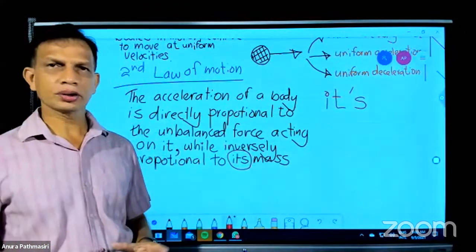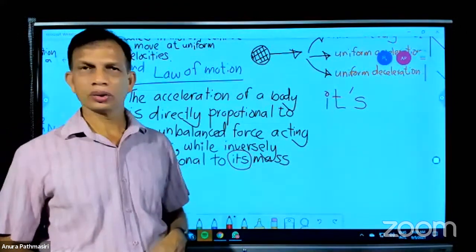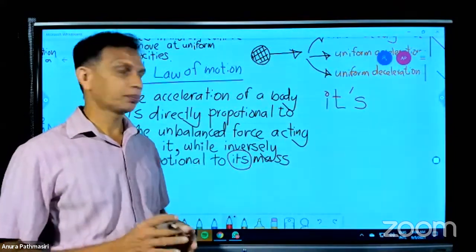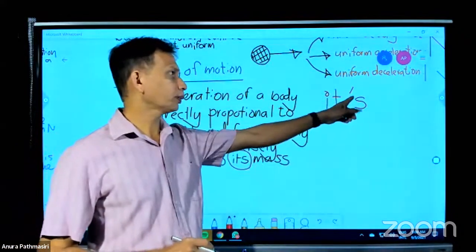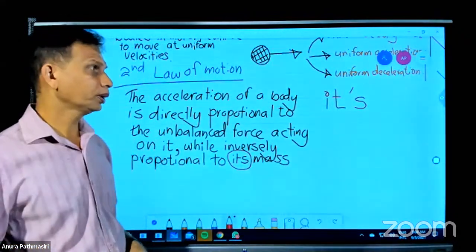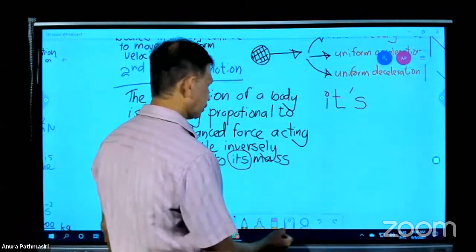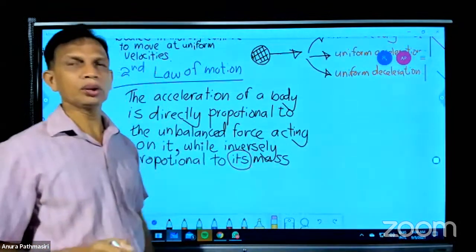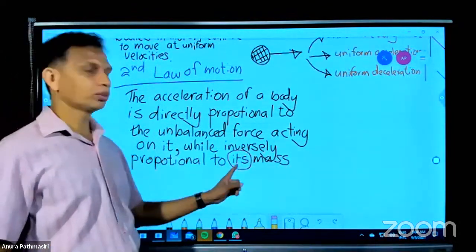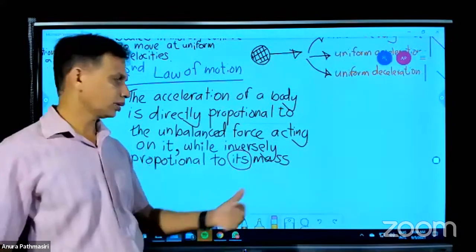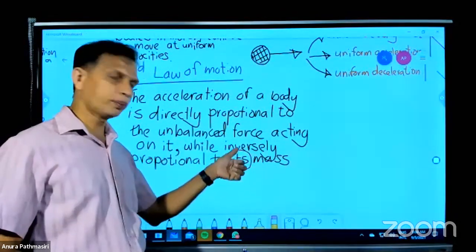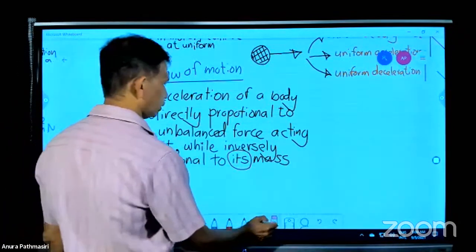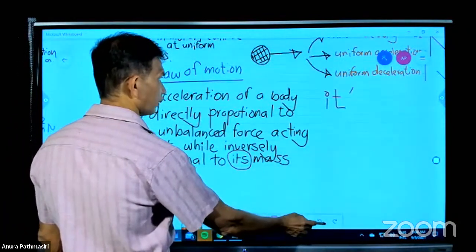For any sort of possessive pronouns, you don't use an apostrophe to show possession. When you put the apostrophe, it indicates it has or it is. Most of the children, when they write this one, put the apostrophe to show possession. No, you should not write that there.